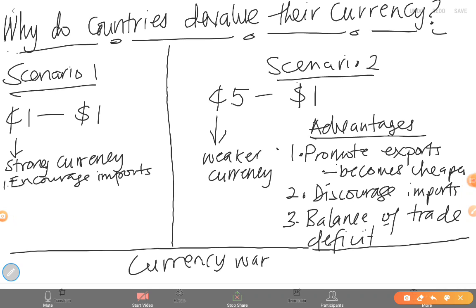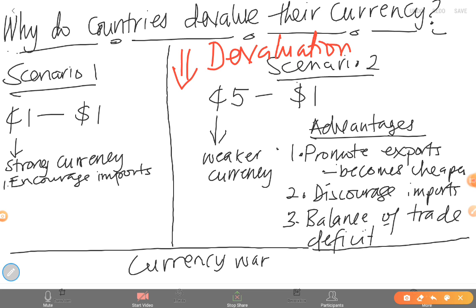So it's a deliberate downward adjustment. Now, when we say deliberate downward adjustment, what does it mean? It means that the country weakens its currency against another country's currency.